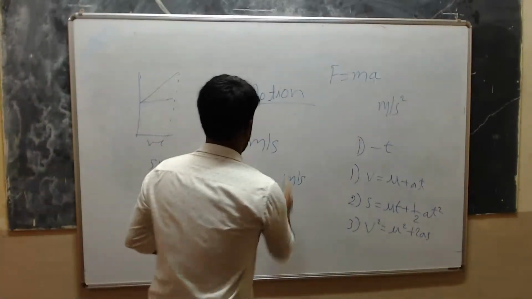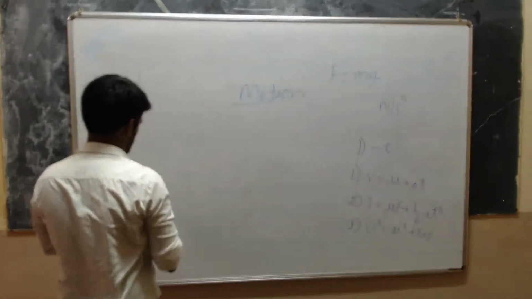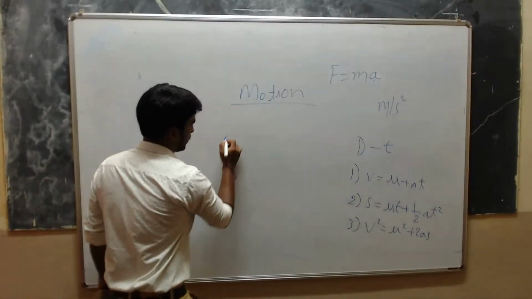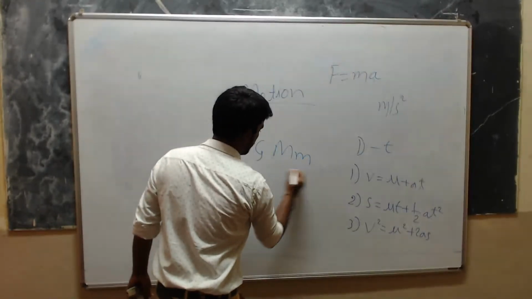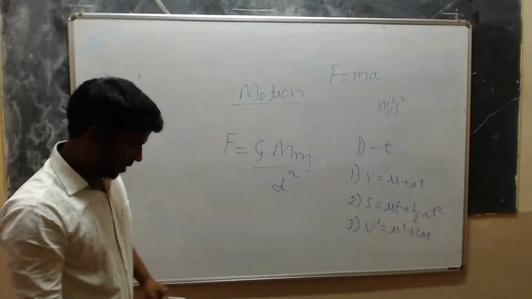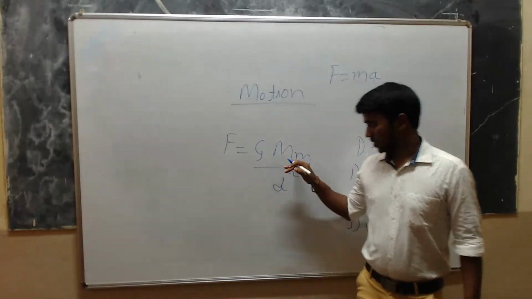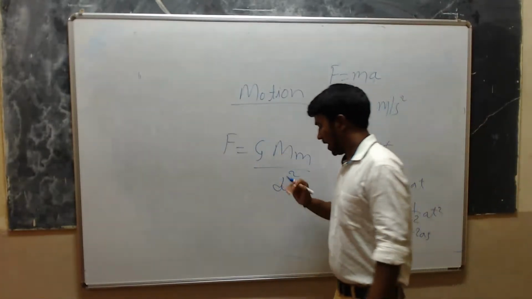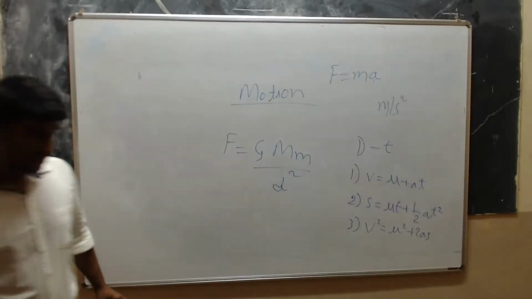Hope you remember this formula. It is F = G M m / d². Here G represents the universal gravitational constant, capital M and small m represent the masses of the objects, and d represents the distance between them.